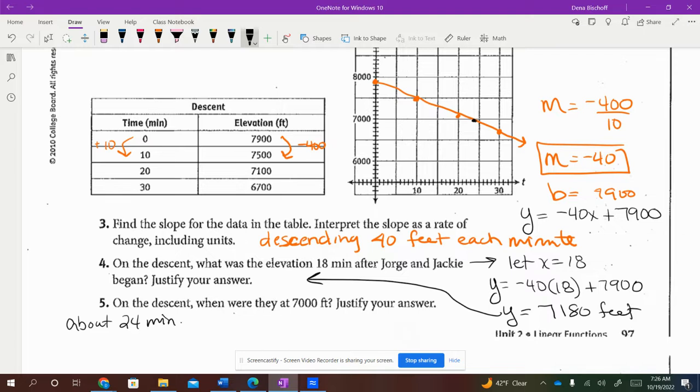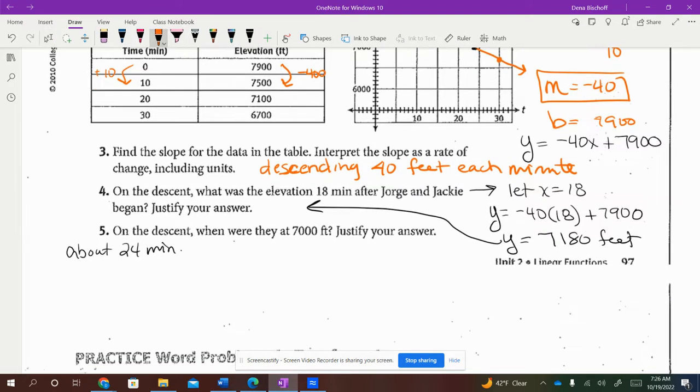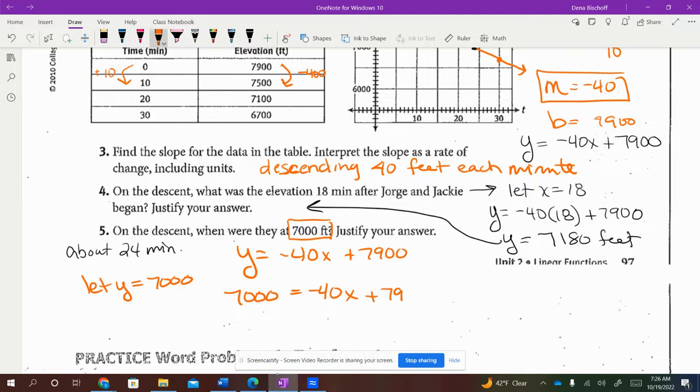But of course, I want to prove that. So I'm going to use my equation, y equals negative 40x plus 7,900. But this says, let y equal 7,000. So 7,000 equals negative 40x plus 7,900. I am going to subtract 7,900 from both sides. So I have negative 900 equals negative 40x.